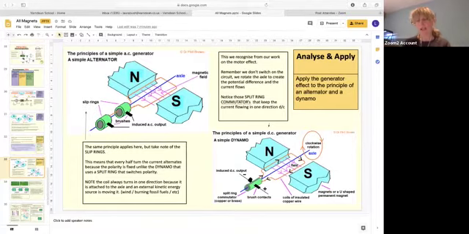So the job of the commutator is the same in each scenario, but rather than flipping the current around to go in, we're now making sure that it goes in one direction on the way out. Here this is exactly the same principle.